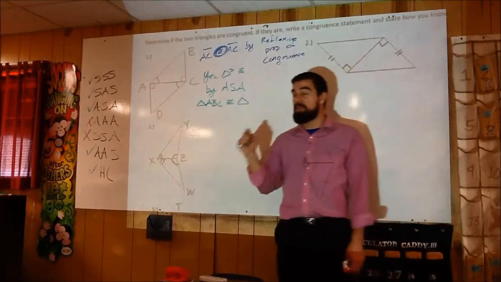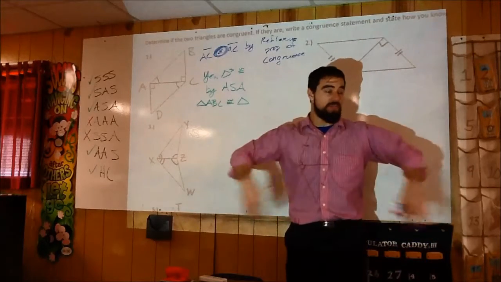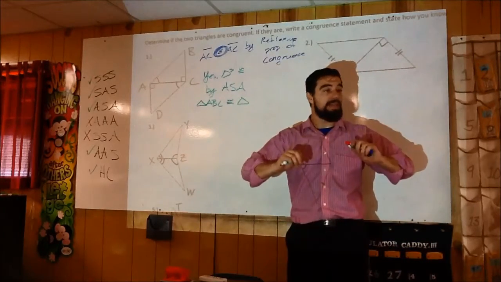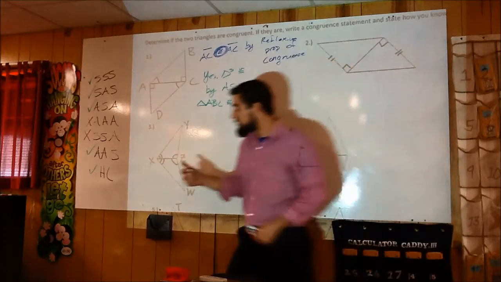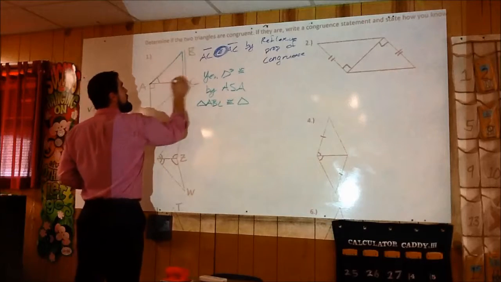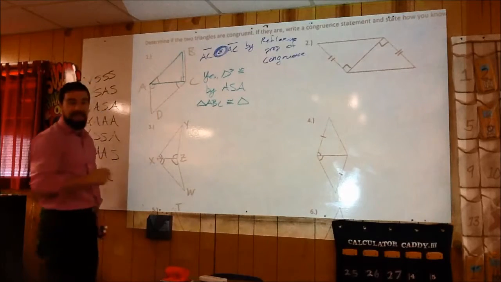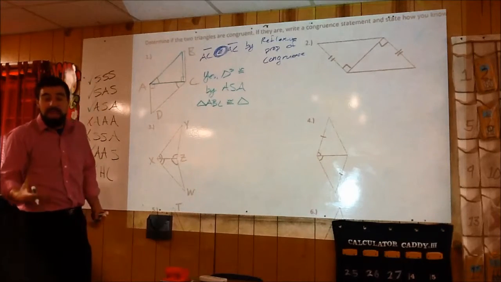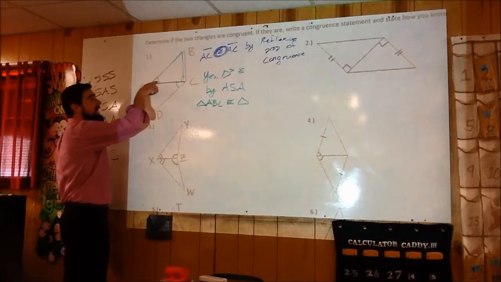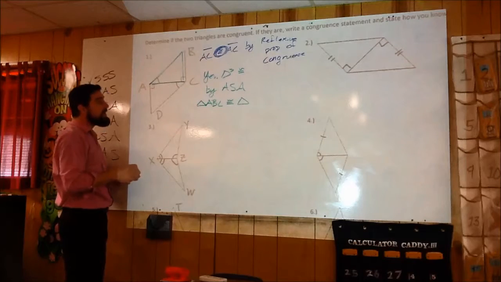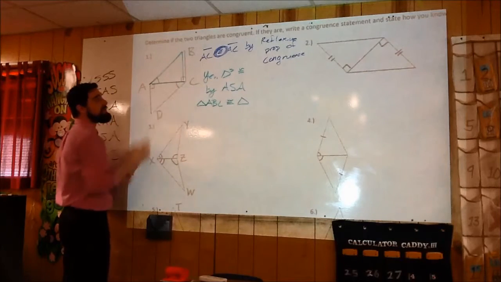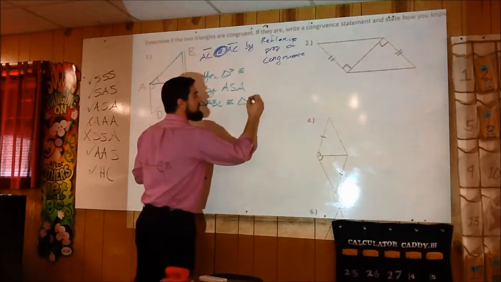But what must be the same with all of our triangle congruent statements is that the letters are matched up appropriately. So in this first triangle here, our first letter is A. And I know that angle A in that triangle that I've outlined in green ink is congruent to this angle C in the other triangle.